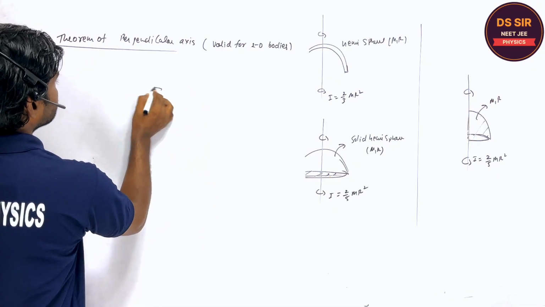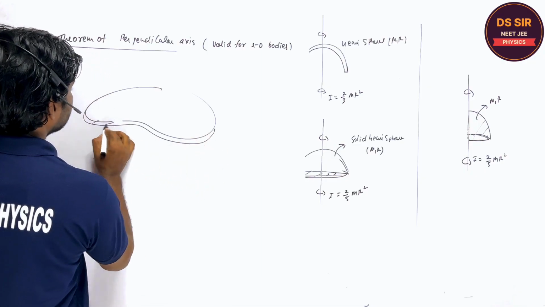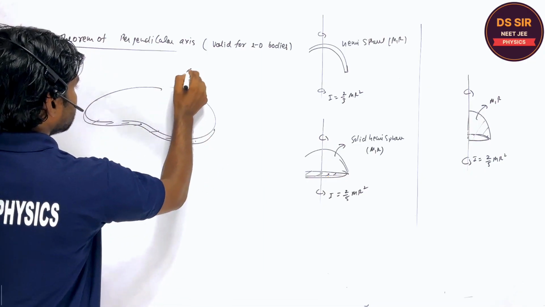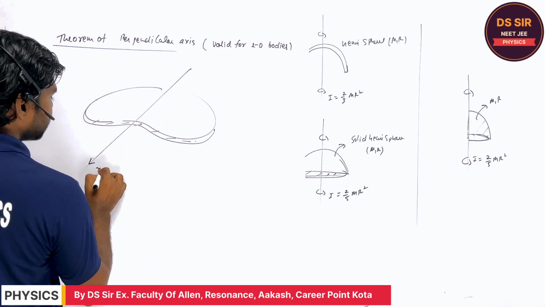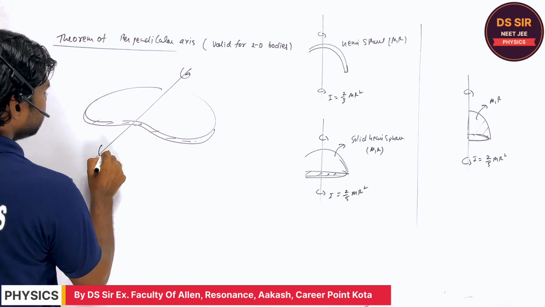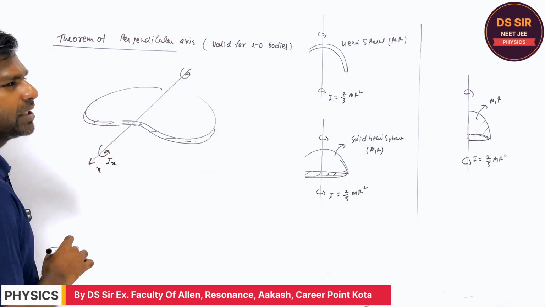Suppose this is the planar body like this. Suppose in this plane there is an x-axis, and about the x-axis, if we rotate like this, the moment of inertia is Ix.